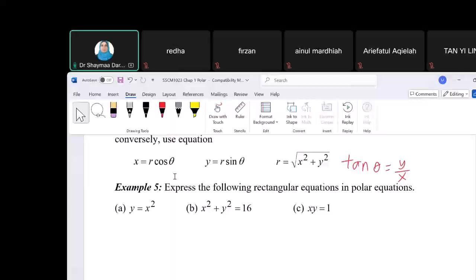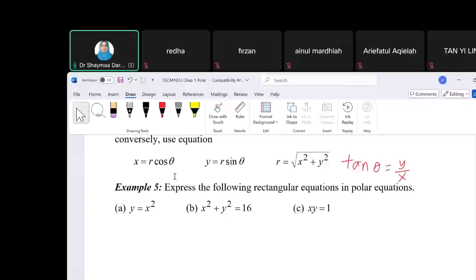So y equal to x squared is a Cartesian equation. Sometimes we call it a rectangular equation because the Cartesian coordinates represent a rectangle. Polar coordinates represent a circle. So here I have a rectangular or Cartesian equation. I need to convert it to a polar one.